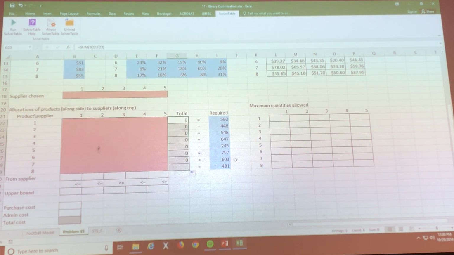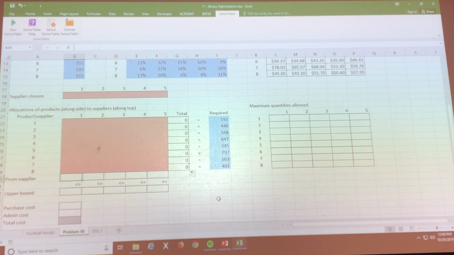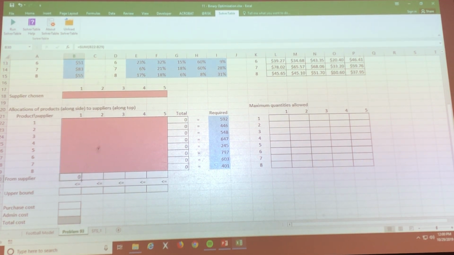We need to make sure that we get all the product that we need, right? We're going to be constraining the amount that comes out of a supplier by an upper bound that I'm gonna refer to as an effective upper bound. And we'll talk more about that later, but how do we get the total here for how much came from that supplier? Yeah, we just sum the column. And then we'll know how much came from that supplier so that we will be able to constrain it.